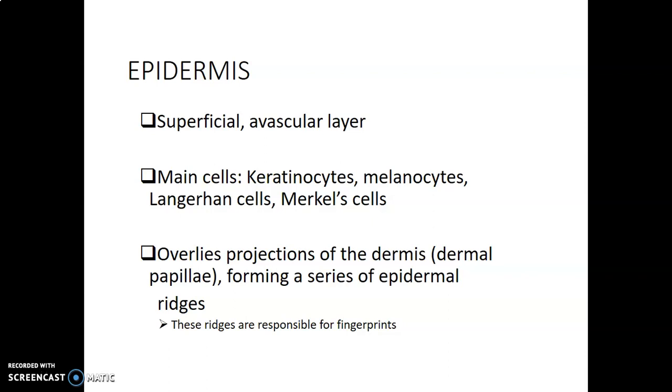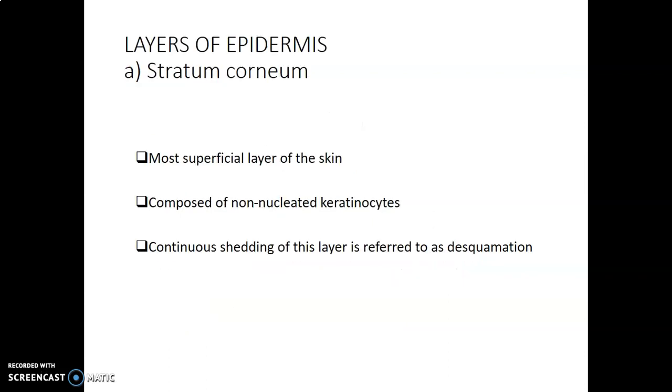So the epidermis overlies the dermis, and at the portion where they interdigitate, we have the dermal papilla interdigitating with the epidermal ridges. So these ridges are the ones responsible for fingerprints. Then we have 5 layers of the epidermis. So usually we tell students to remember by saying good small girls like candy.